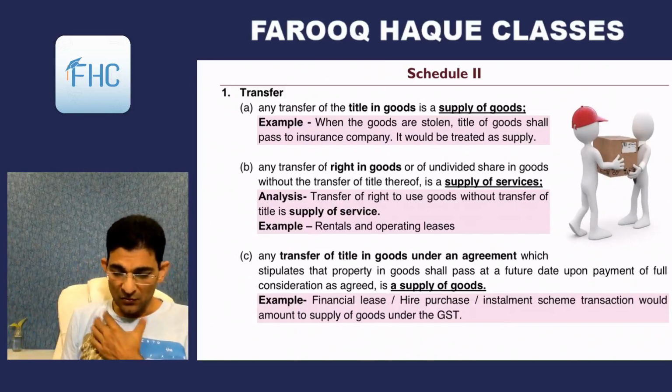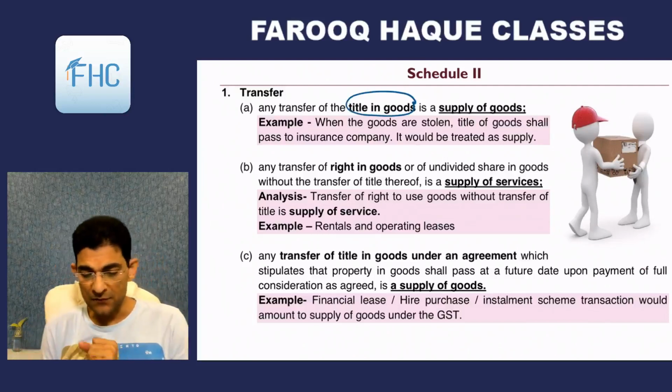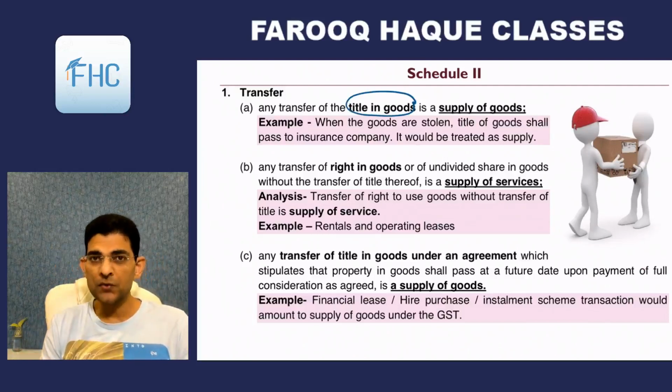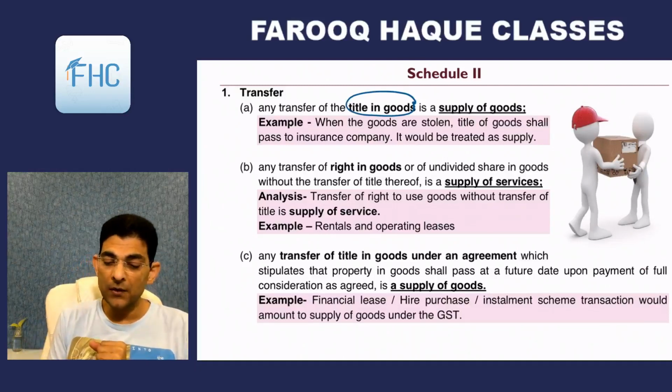So first is transfer of title. First point is any transfer of title in goods, meaning ownership, is supply of goods. Obviously, if ownership itself is transferred, then it will be called goods. So write down there, transfer of ownership.